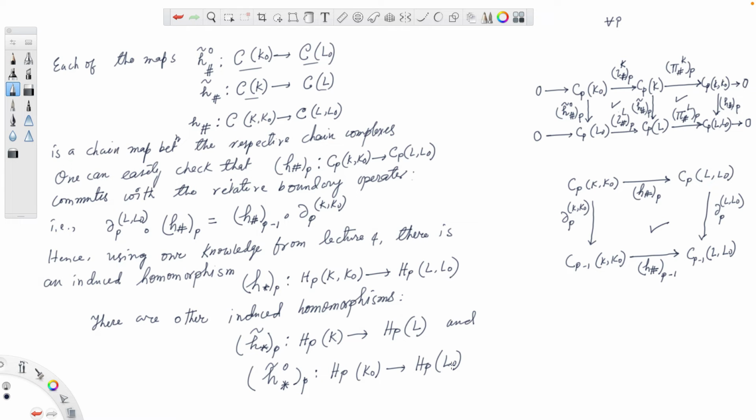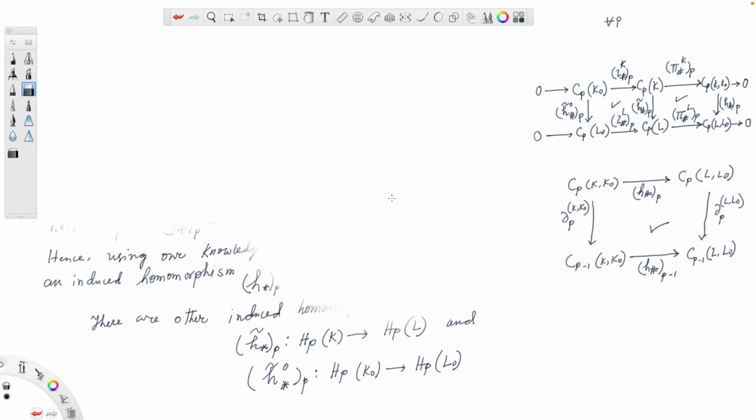Okay, so now we know that these induced group homomorphisms at the level of homology groups exist from our knowledge of lecture 4. Okay, let me erase everything here.